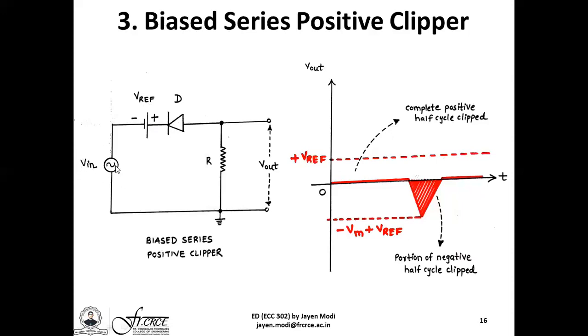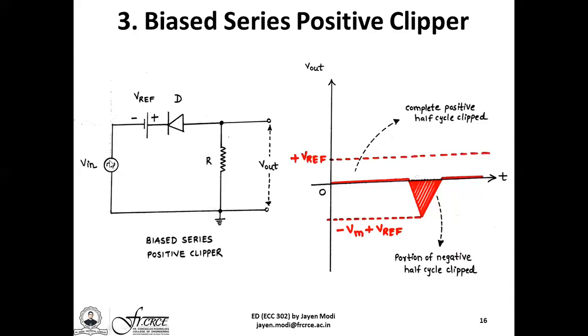Since Vref and Vin are both connected exactly in series, we have the signs plus, minus, plus and minus during the positive half cycle of the AC input signal, meaning these two voltage sources exert a huge reverse bias across the PN junction diode. That is why for the entire positive half cycle, the diode is effectively reverse biased. So yes, the positive half cycle has been completely clipped off.